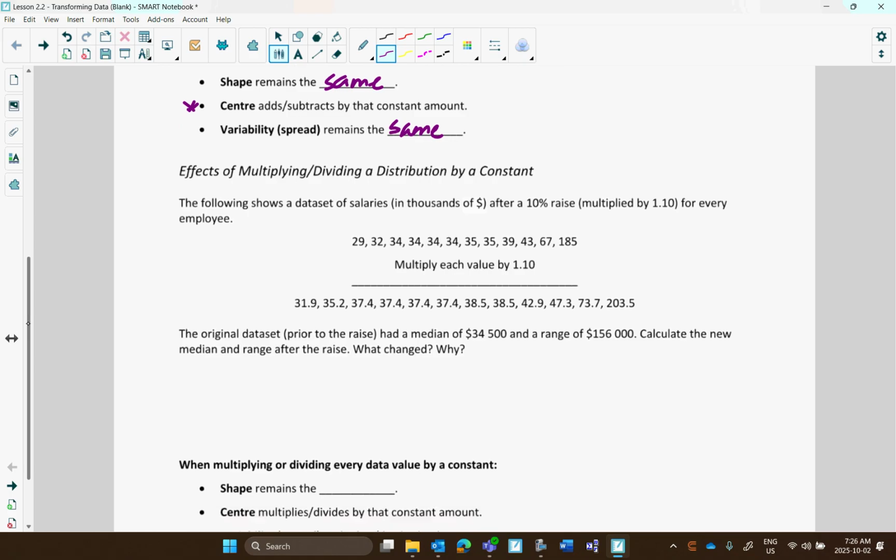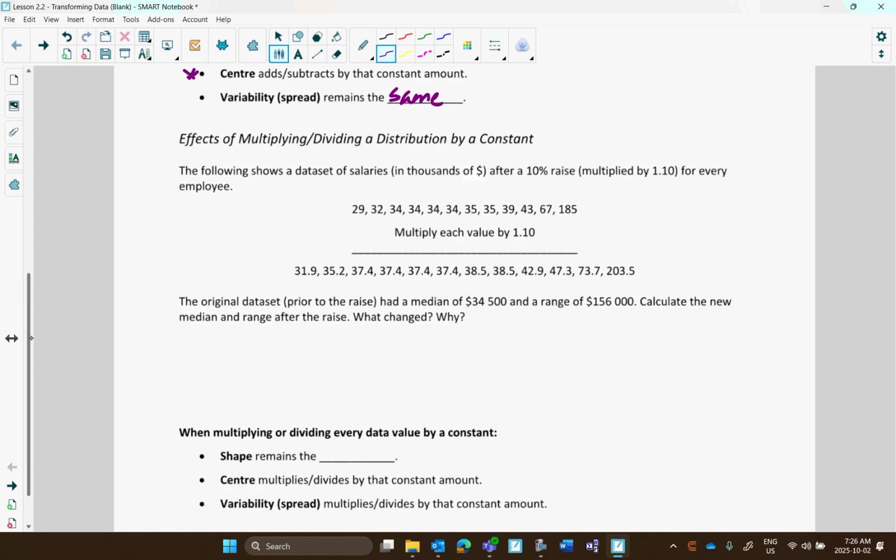And once again, we're given the median of the original and the range of the original, and we want to see what happens to the median of the new and the range of the new. So here's our new distribution.